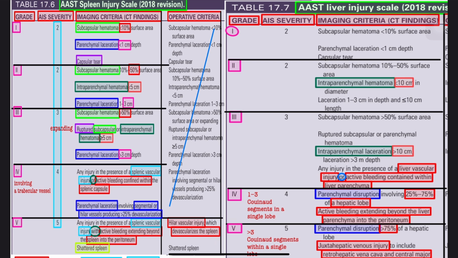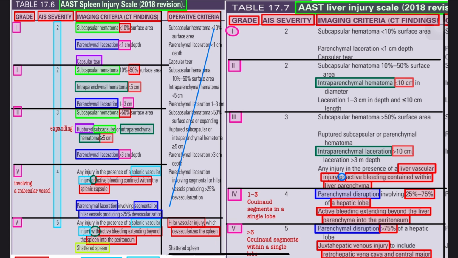Liver laceration we take more seriously, so we kept it under 3, and spleen is a bit fragile in nature, so we have kept it one up. This way you can remember. Now come to grade 4 of spleen.